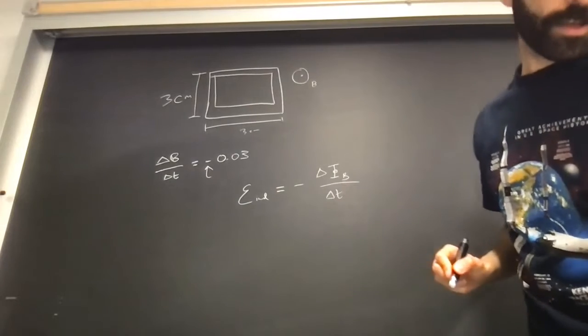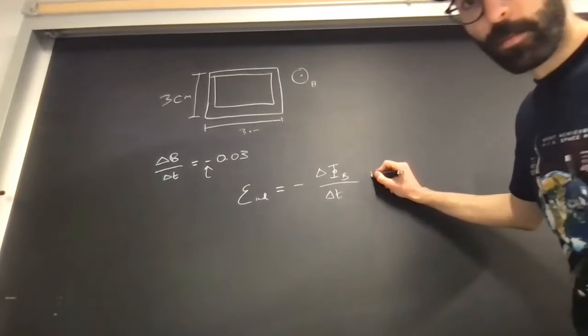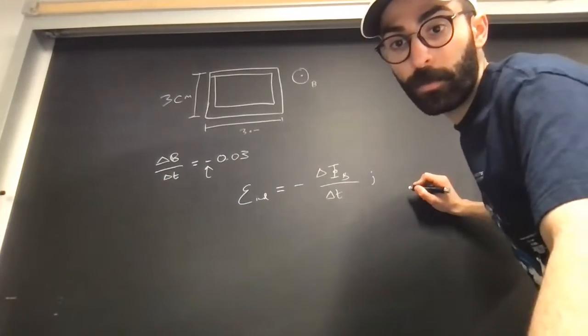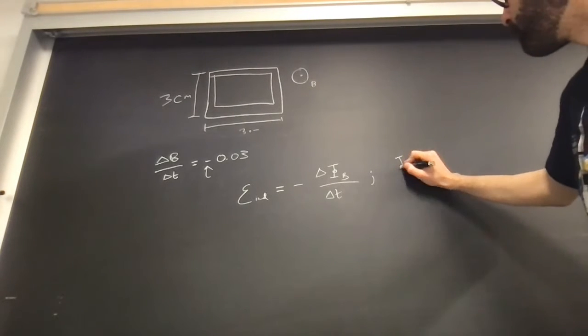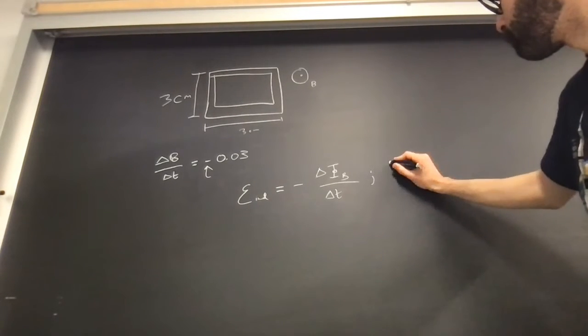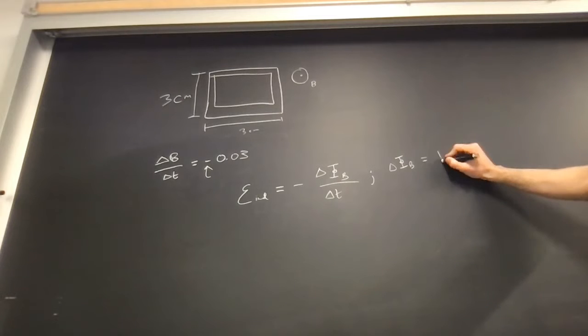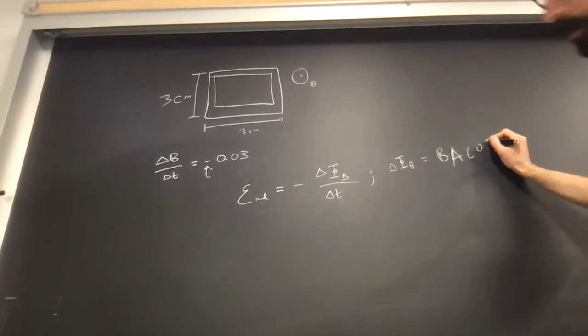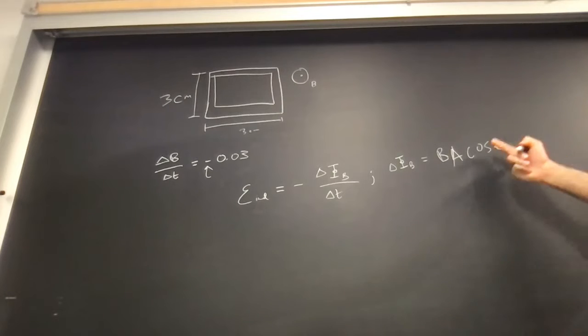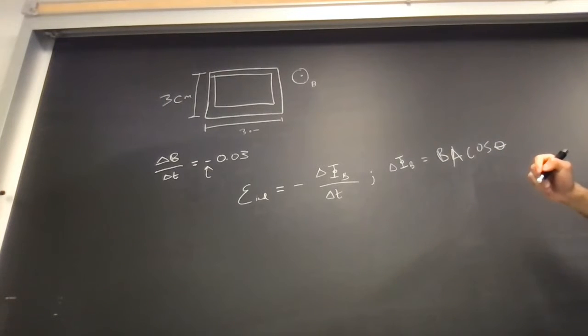At this point, we remember our equations. What is this flux equal to? It equals B times the area, cosine theta, where theta is equal to 0 degrees.